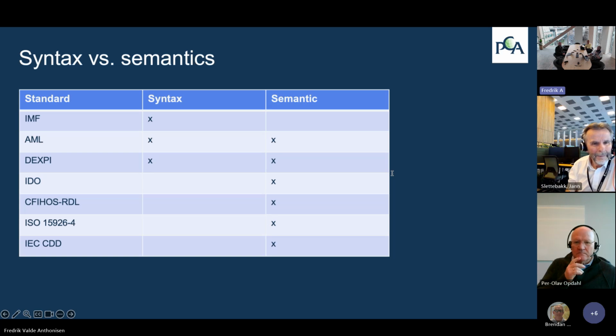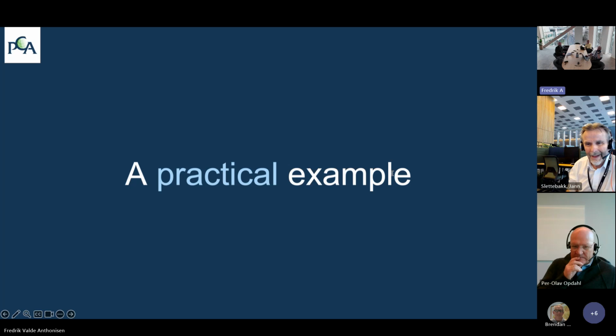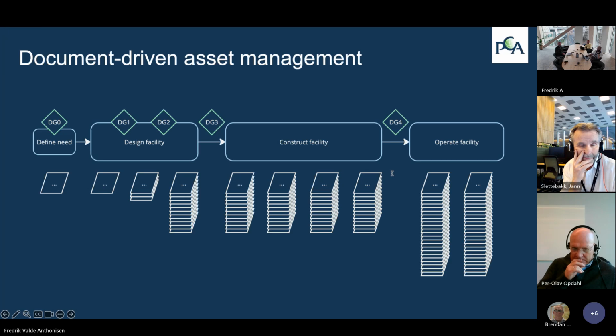So with that said, that was, I guess you could say, the dry part. Now we're going to look into a more practical example. I'm sure many of you have seen this picture before, or a variant of it.